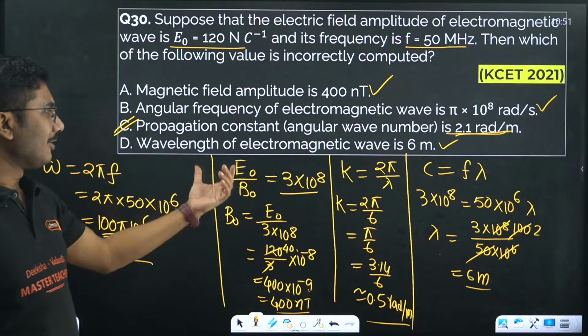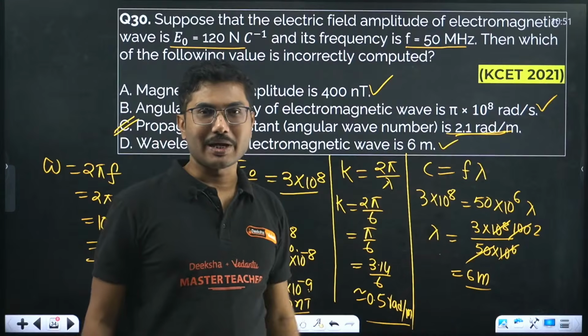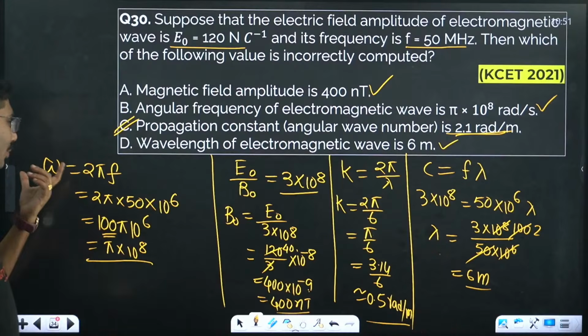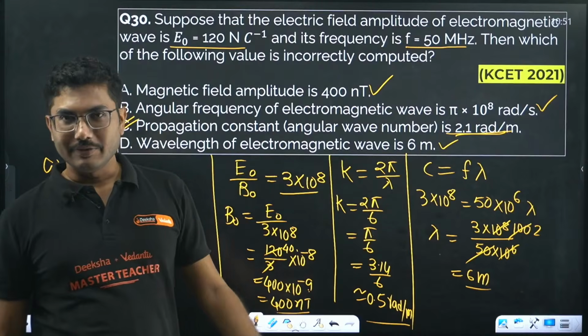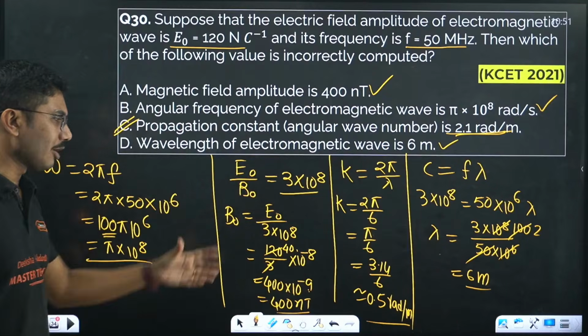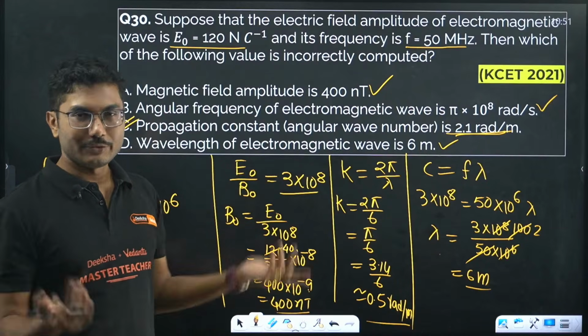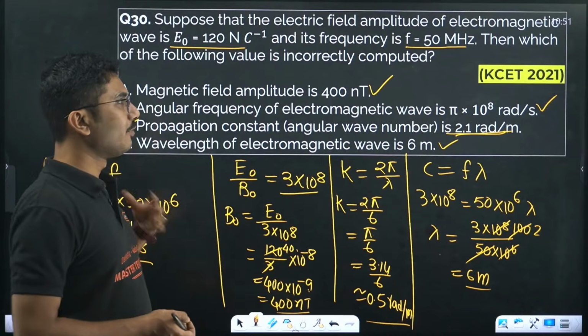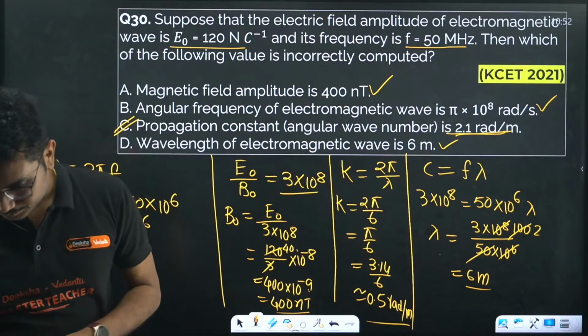So E naught by B naught, you calculate B naught. C is equal to f lambda, you calculate lambda, and omega is equal to 2 pi f, you calculate omega. In case you forget K, leave it. Later on you will realize whether it is correct or wrong. If any one of the first few things that you calculate turns out to be wrong, you saved a lot of time. But if you don't do that, then you have to use a lot of effort to solve it.